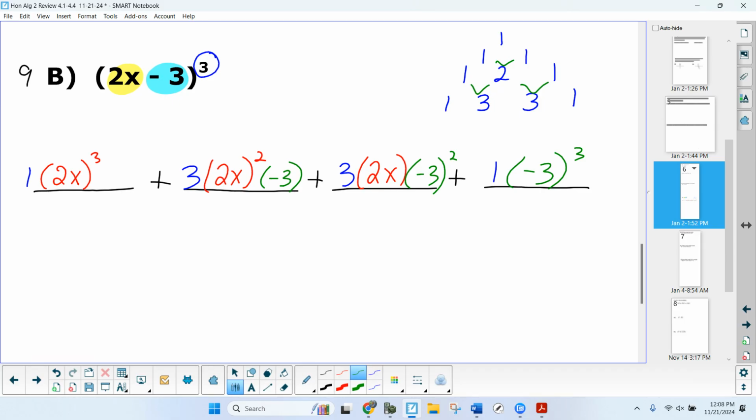All right. Now we're going to go ahead and we're going to simplify this. So what do you have to be careful with here that you guys always forget? This is actually 1 times what? 2 to the third times x to the third. So what do you have as your first term? 8x to the third.